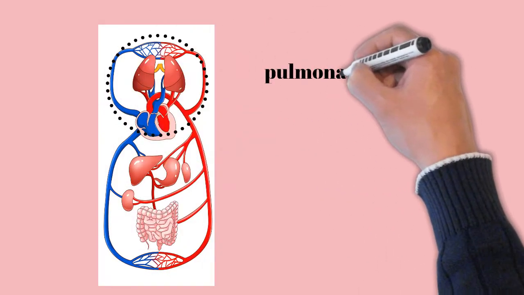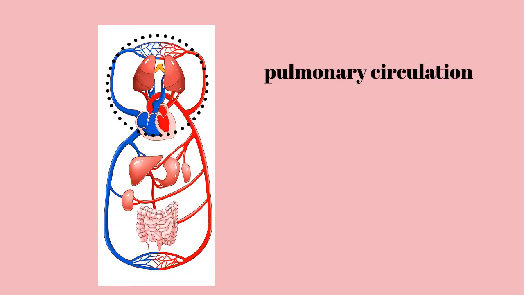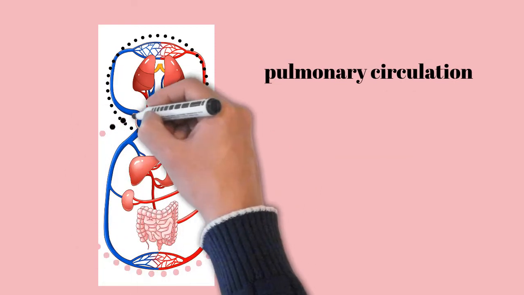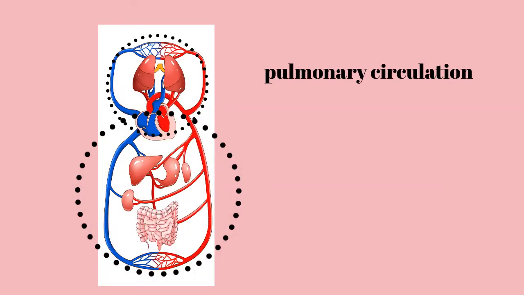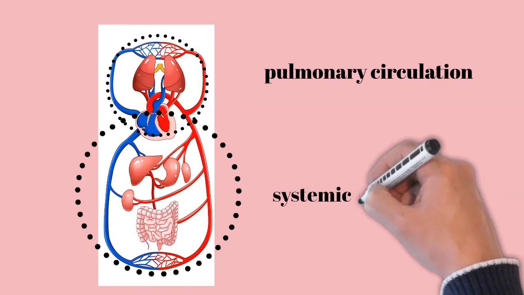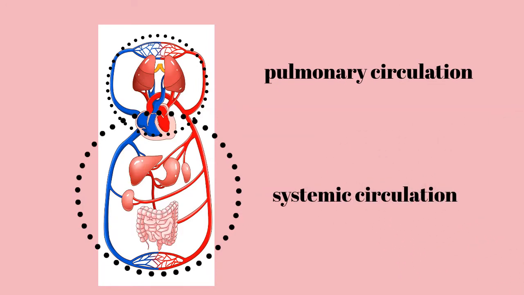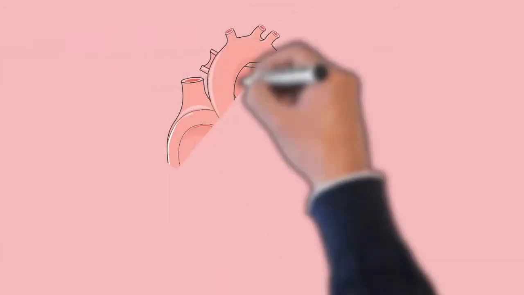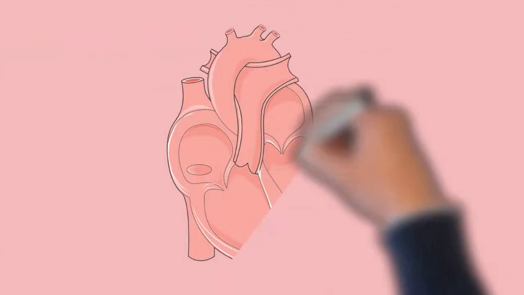The systemic circulation carries blood from the heart to all the other parts of the body and back again. Humans have a closed cardiovascular system, which means that the blood never leaves the network of heart, arteries, veins, and capillaries.